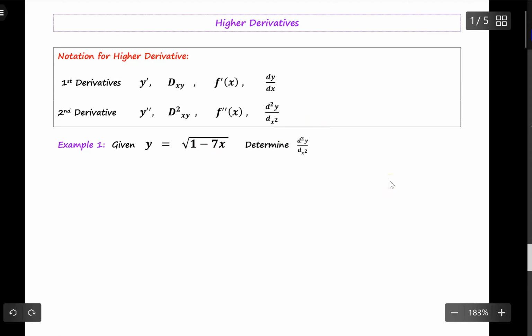So this notation represents that you have to find the second derivative of this function. The second derivative has quite a lot of applications in mathematics. We will get into applications in the next videos. I can tell you one application of the second derivative is to calculate the acceleration of your car.